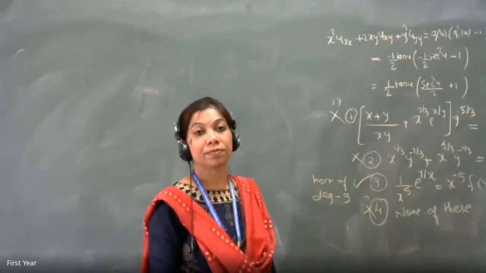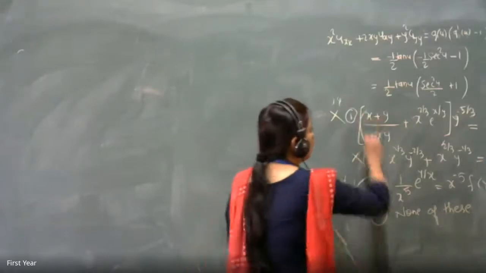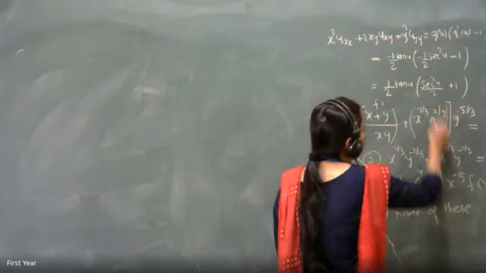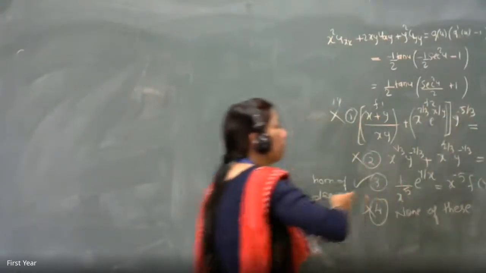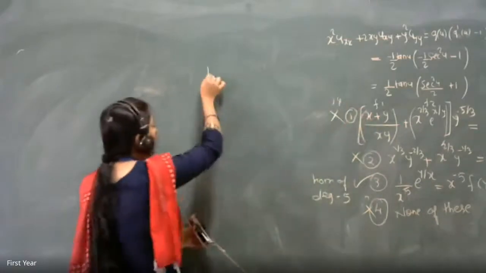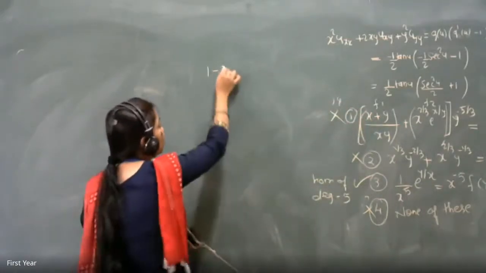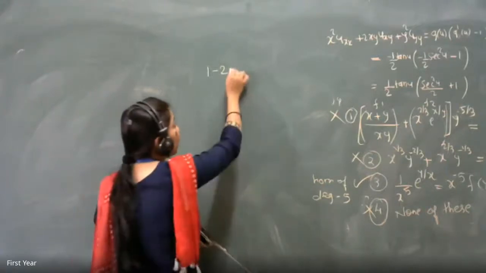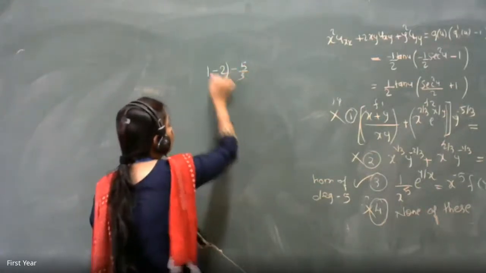Can you explain the first option? First option, I'll just write down this is the first function f1 and this is the second function f2, along with y raised to minus 5 by 3. So what's the degree of f1? Numerator's degree is 1. Denominator's degree is 2. Correct? And the outside degree is minus 5 by 3.